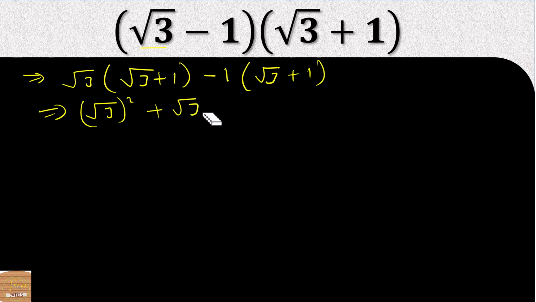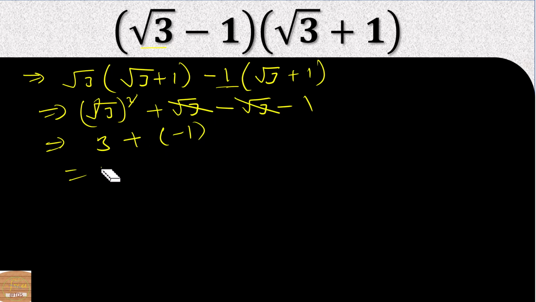Okay, we are done with this part. Now minus root 3 and minus 1. Minus will affect everything here, so this one will cancel, so we have 3 here plus, this one will go, and we have minus 1. So this is the same as 3 minus 1, therefore the answer is 2.